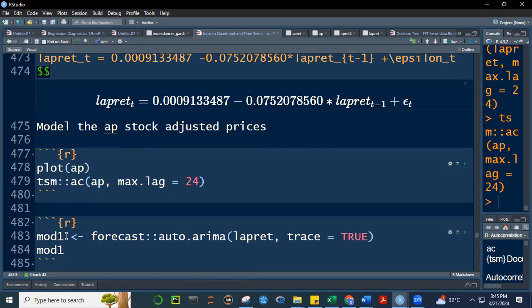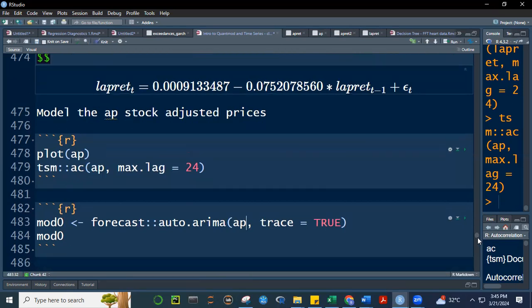I'll call this mod0 na lang. Mod0 to. So I'm going to use also auto.arima, but this time for AP. So pwede rin palang kahit na hindi stationary, pwedeng gamitin si auto.arima. Pwede, class. Si auto.arima will tell us anong model yan.